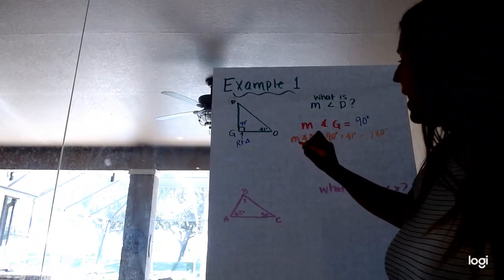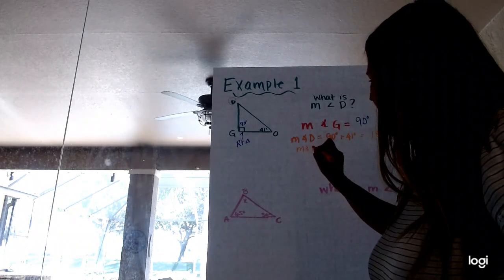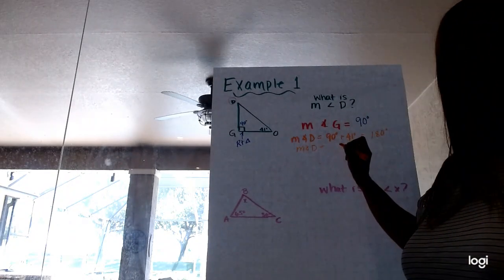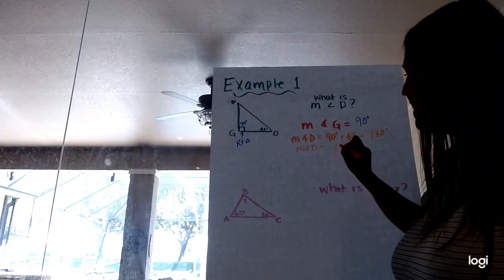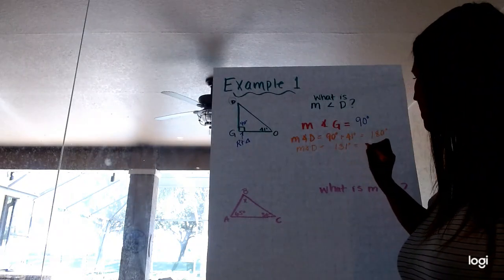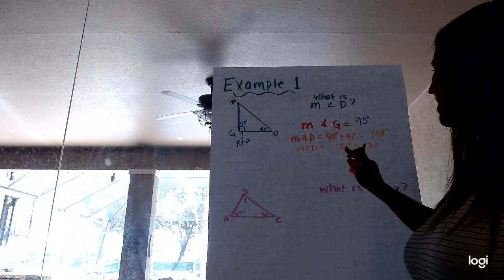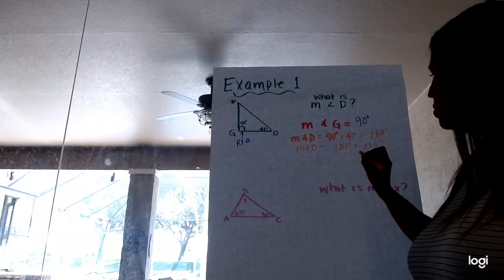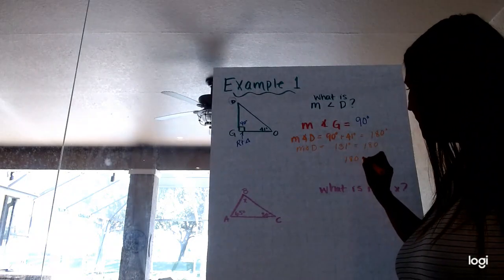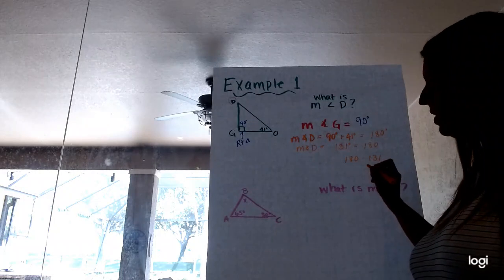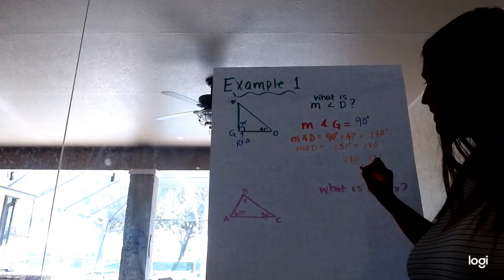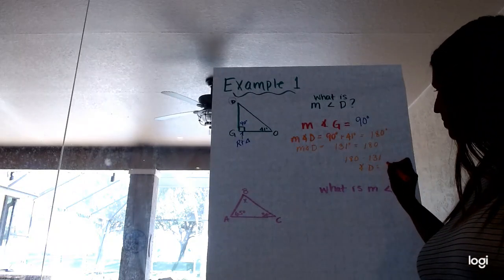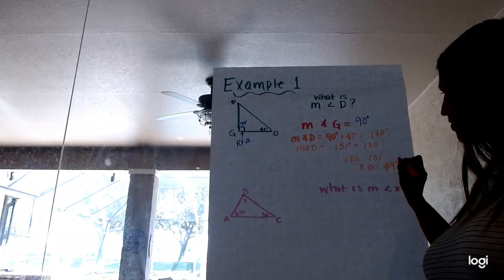So when I add up 90 and 41, I get 131 degrees. Okay? So is this equal to this? No. So if I just go 180 minus 131, I'm going to find the angle D is equal to 49 degrees.